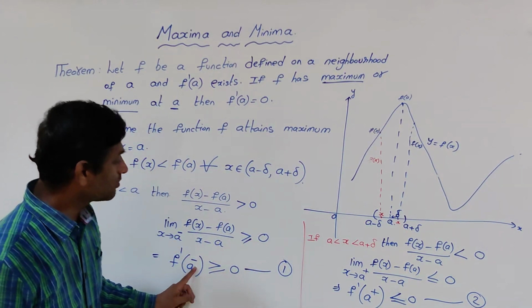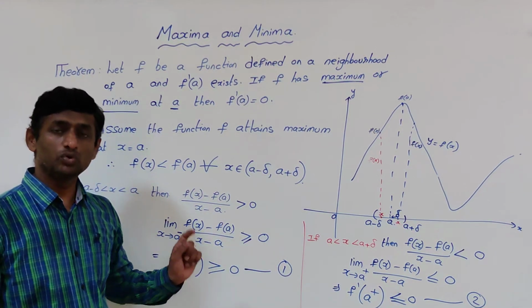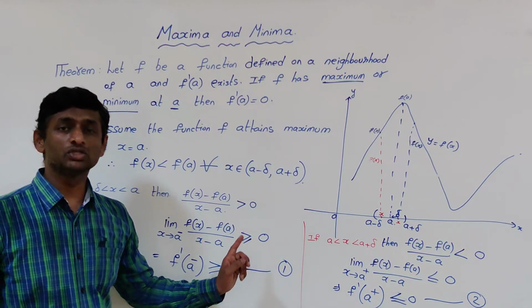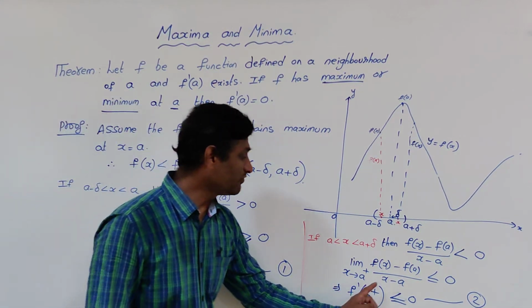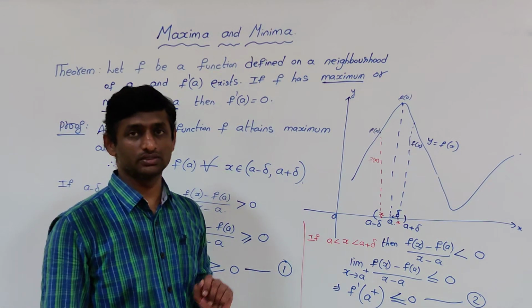But if you compare 1 and 2, they can be equal in only one possibility: if f dash of a minus is 0 and f dash of a plus is 0, then both are equal, and we can say f dash of a exists.